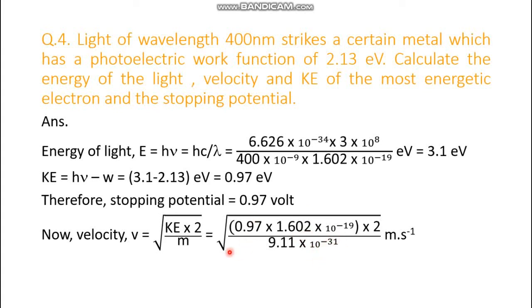After taking the root, the overall dimension becomes length per time, that means meter per second. And the final calculation gives the result 5.85 into 10 to the power 5 meter per second. So this is the velocity of the electron.